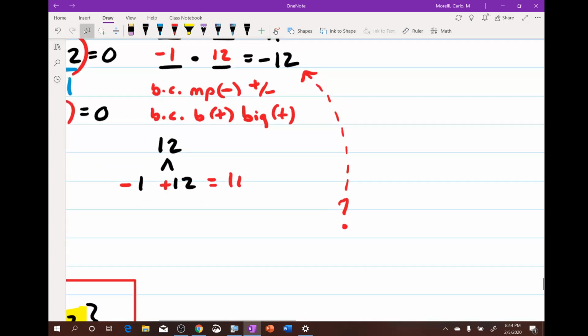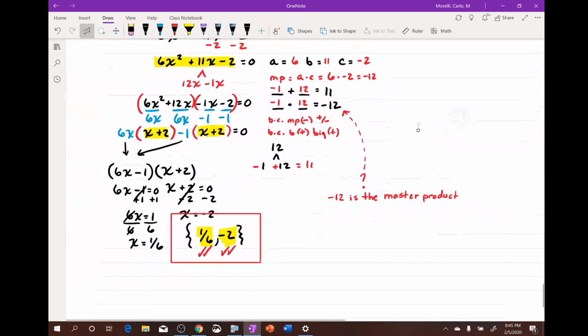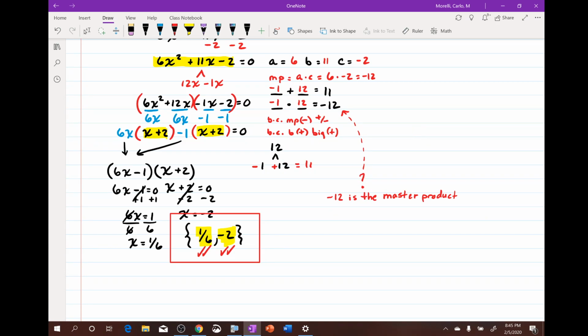So that -12 is what we call the master product. And that doesn't really tell you where we got it. Here's how we got it, Sheridan. We took A, which was 6, and multiplied it by -2.